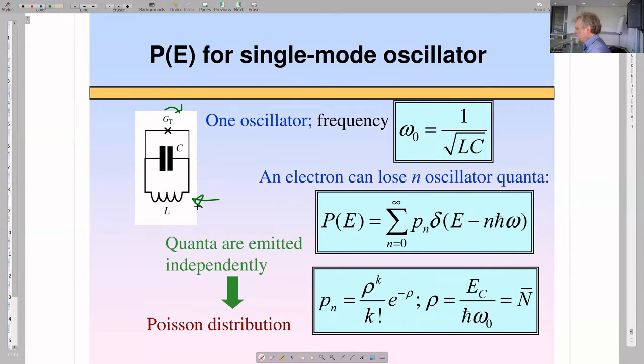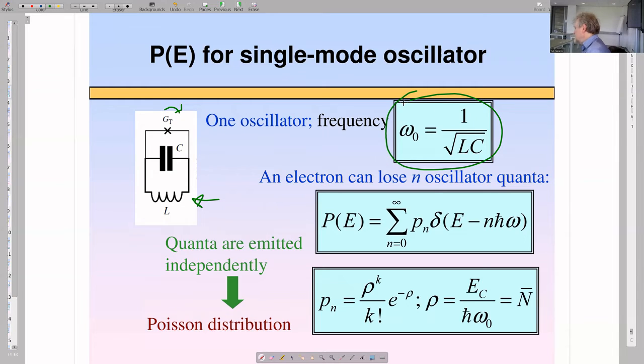What does it mean? It means that the tunneling electron feels an oscillator. This frequency is given by capacitance and inductance, and in this case, the electron when it tunnels can experience a quantized energy loss.